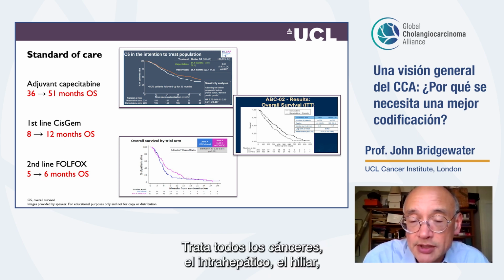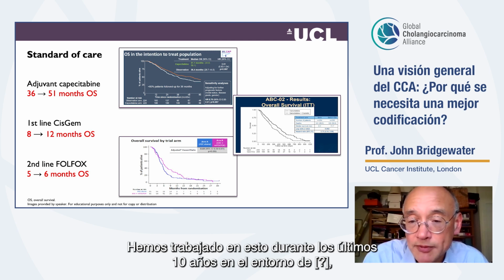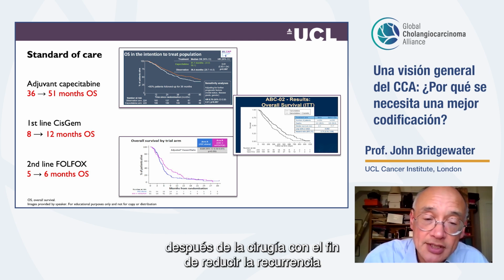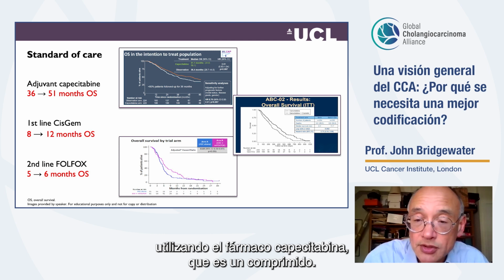It treats every single cancer, the intrahepatic, the hilar, and the extrahepatic in the same way. And we've worked this over the last 10 years in settings, so that's after surgery, in order to reduce the recurrence, and we've increased the overall survival of patients using the drug capecitabine, which is a tablet.